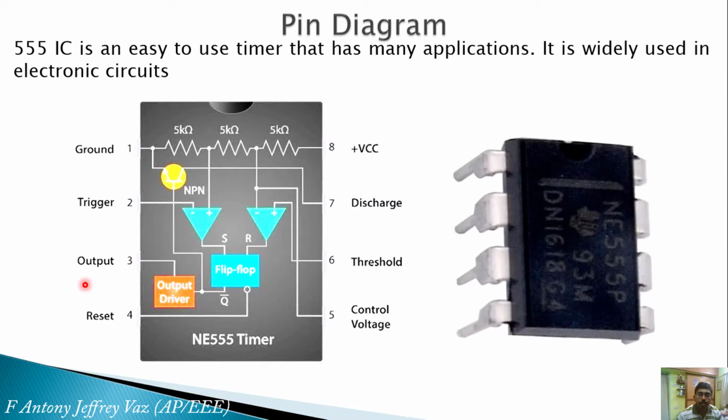This is the physical view of the NE555 IC. Here this is the first pin and this is the second pin and this one is the third pin, and here it's the fourth pin. Similarly, fifth pin, sixth, seventh and eighth pin. You see a curve over here facing your eye.